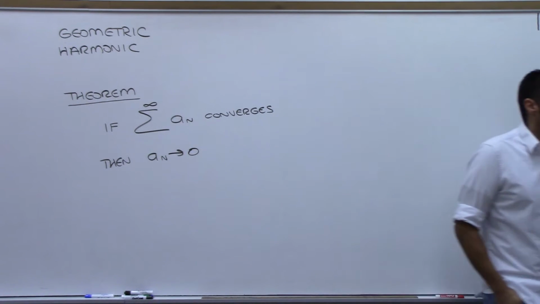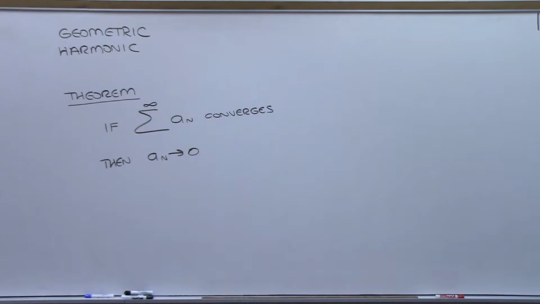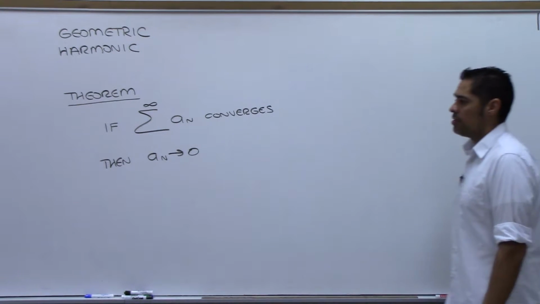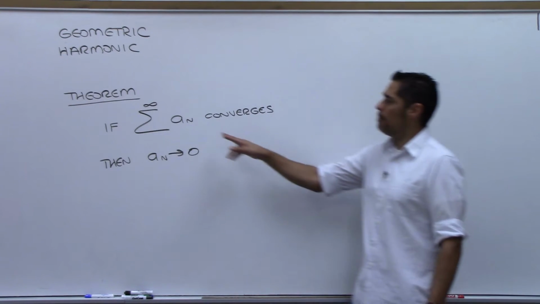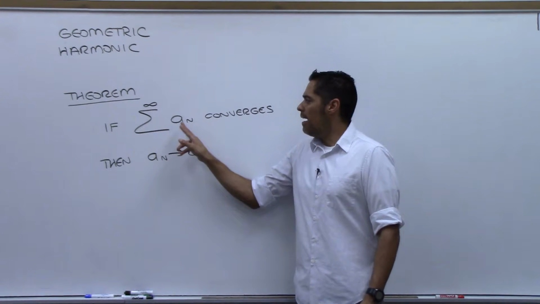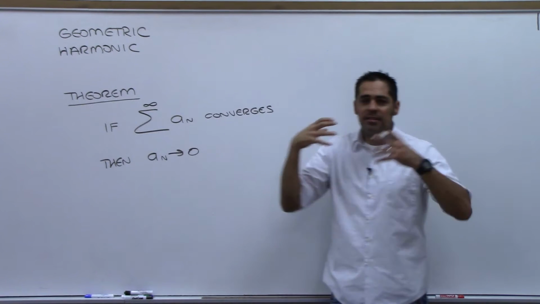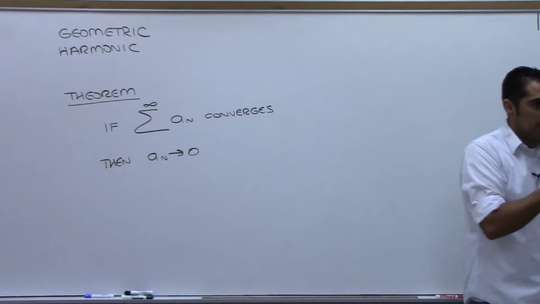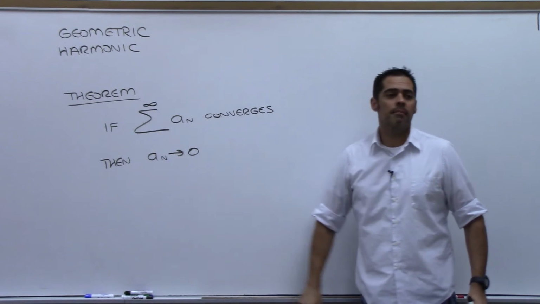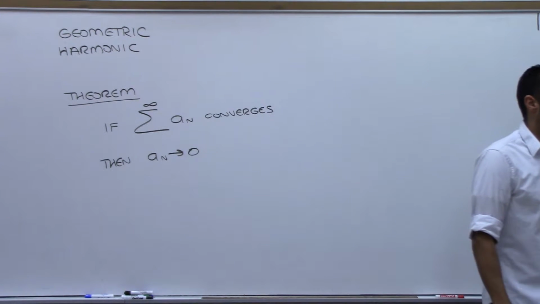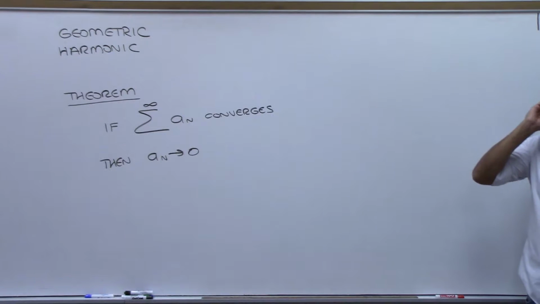Someone explain to me what that's saying? If it converges to anything, it goes to 0. What goes to 0? A sub n. What's a sub n? The series? Close, not the series. The series is adding up all these guys, right? If I add up all these guys, and that adds up to be a number, if it's getting closer to a number, this theorem says that means the sequence must converge to 0.